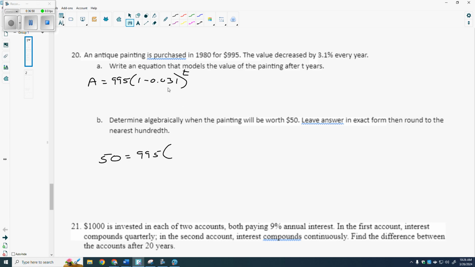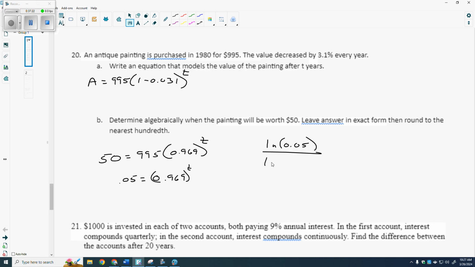Let me do this one. This comes out to 0.969. Just makes it a little easier than typing that big mess in. Divide by 50. Take the log of both sides. I'll use ln just for the fun of it.